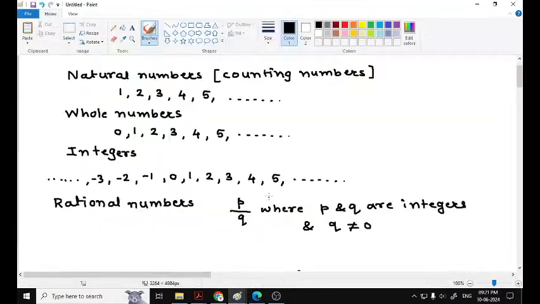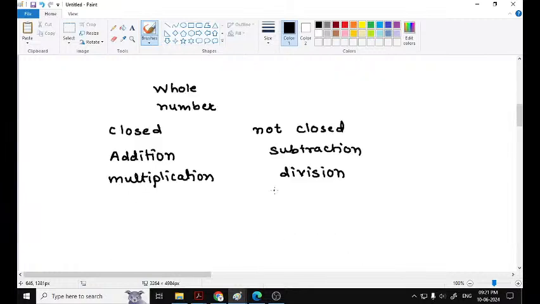Let us summarize this. Integers, closed and not closed.